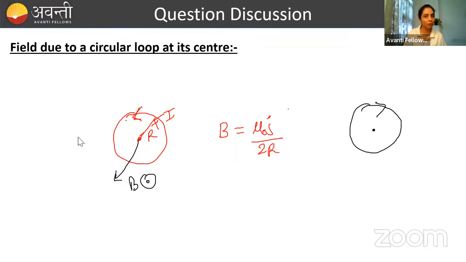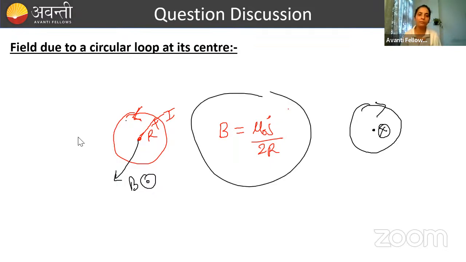So here current is in which direction? Clockwise. So curl your finger in clockwise direction, and this thumb is going into the plane of paper. So in this case, magnetic field will have cross direction, into the plane. So I hope you are comfortable with the direction and also with the formula for the magnetic field at the center of a circular coil.